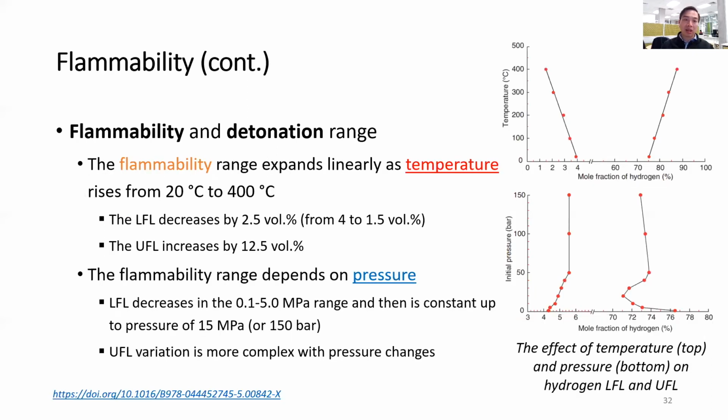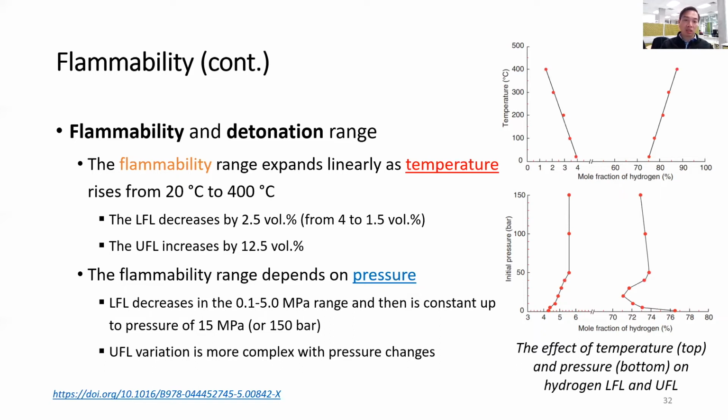Just bear in mind that this range depends on the temperature and the pressure of your mixture. If the temperature rises from 20 to 400 degrees C, the flammability range of the hydrogen and air mixture would expand linearly.